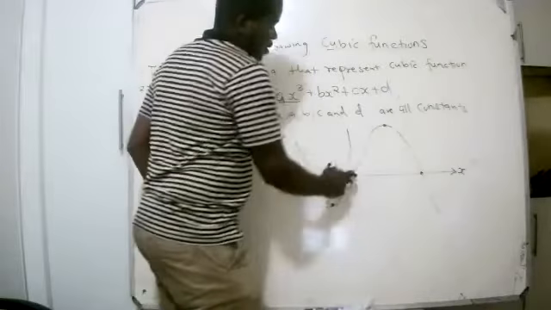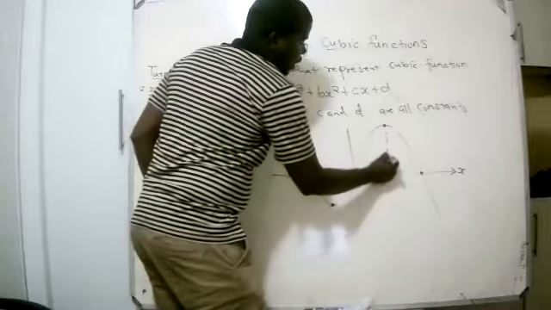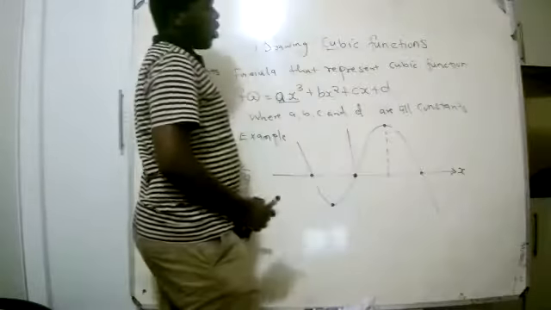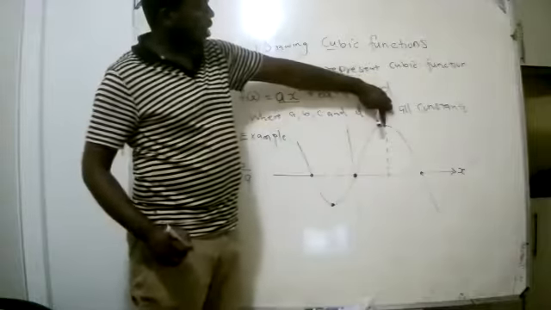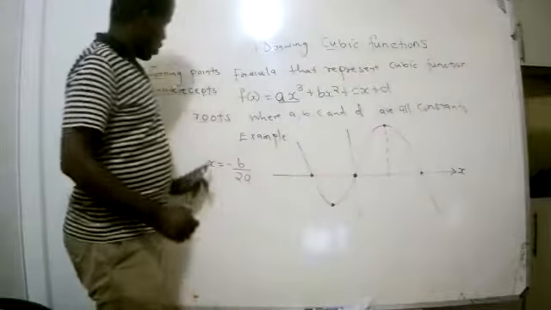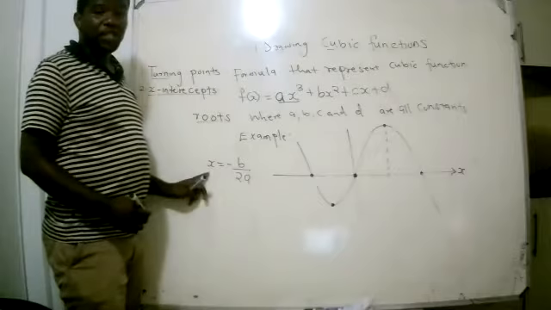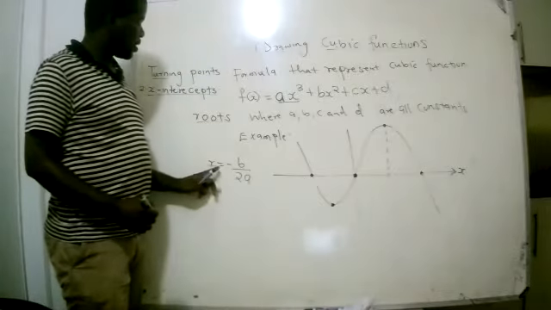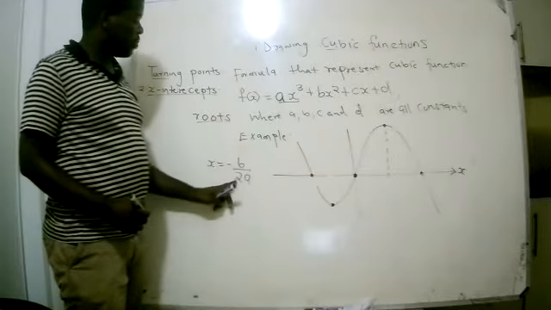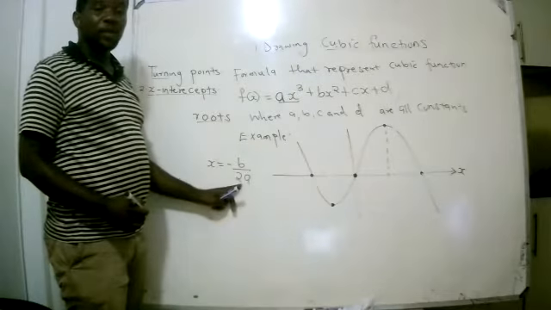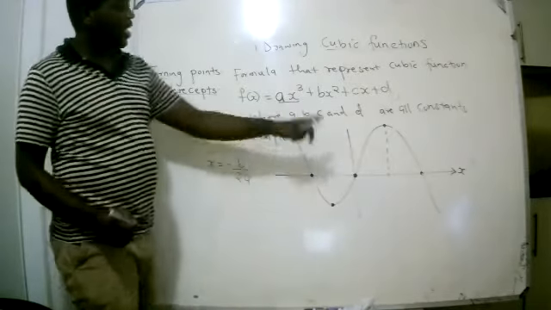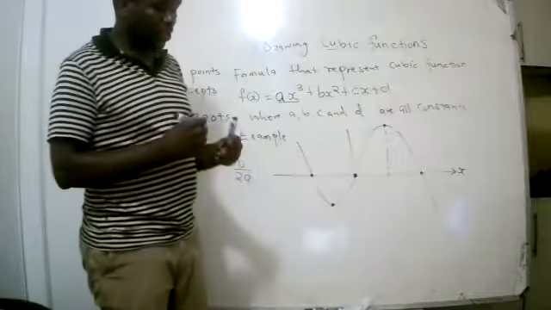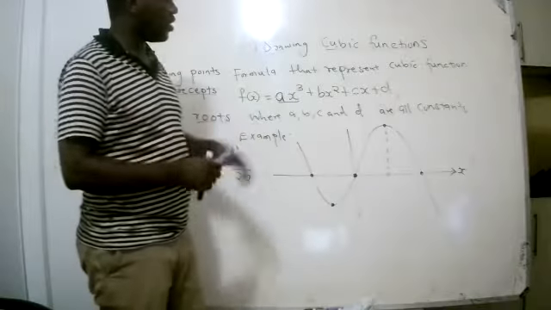So let's say this is a parabola graph. If you want to calculate the x value at the turning point, you don't have any choice except to use x equals negative b divided by 2a. Don't forget this formula. You must revisit your notes, where I gave this in detail.